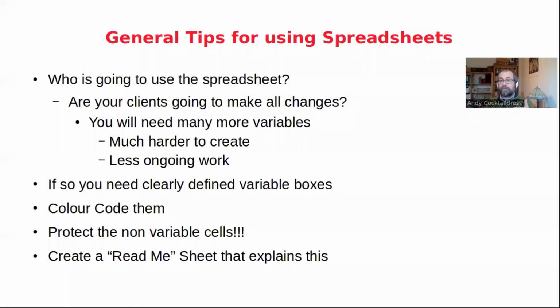So you're going to have to create spaces where people can enter data, enter variables that may change as information on the ground changes, or as we change our marketing assumptions for whatever reason. And there is a space where they can change that, and then it has a knock-on effect on the rest of the spreadsheet. Now, this is much harder to create because you'll need to have a lot more formulas.